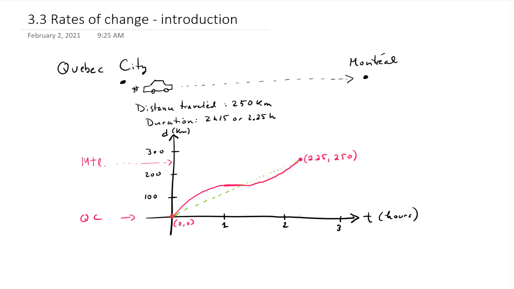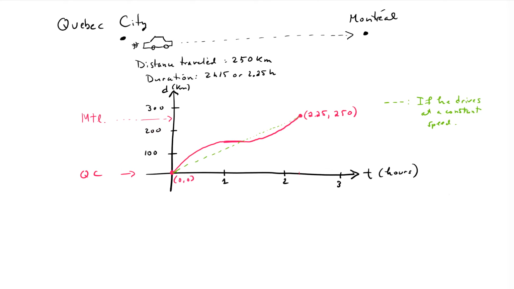Okay, so we're going to have a constant slope. So this is if he drives at a constant speed. Okay. Now how do we calculate his speed then?